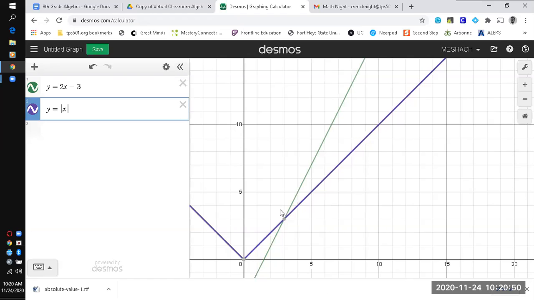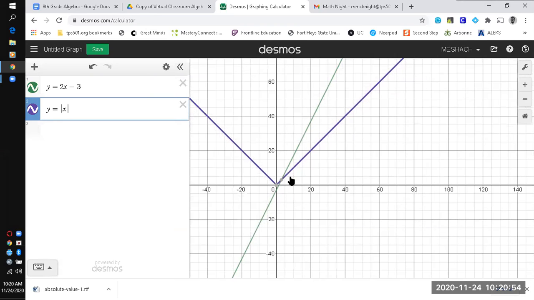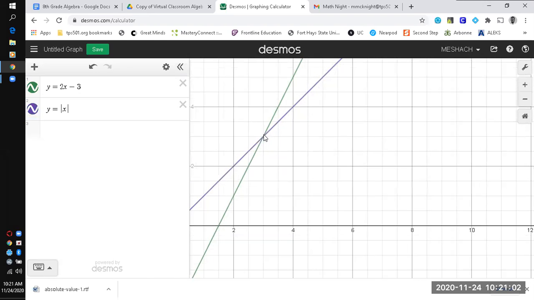If you look at it, the absolute value, which is the bluish purple, and the linear line, which is the green line, show us the point of intersection. The solution for this problem would be, what is this, 3?